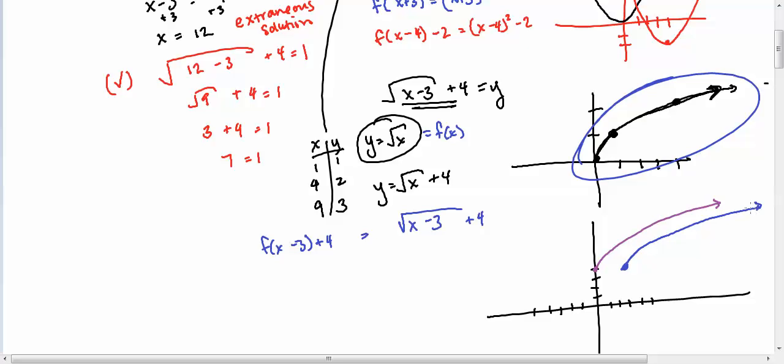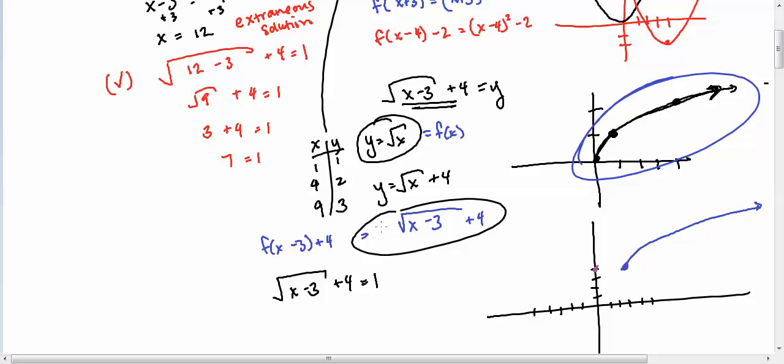So this, and I'm going to erase that purple graph, but this blue graph is actually what our graph looks like. And when we set that equal to 1, because our original problem was the square root of x minus 3 plus 4 is equal to 1, what that's asking is, if y is equal to this thing right here, when does y equal the number 1?